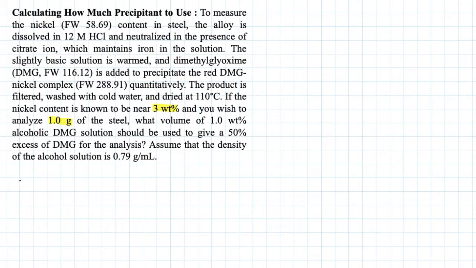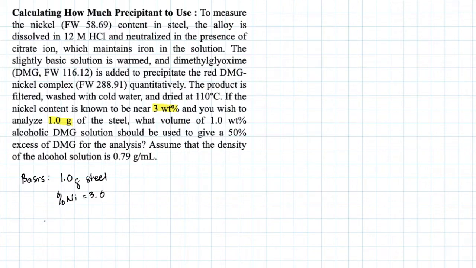So, as a starting point, let me write here as our basis for our calculation. We have 1.0 grams of the steel, and it contains 3.0% of nickel.